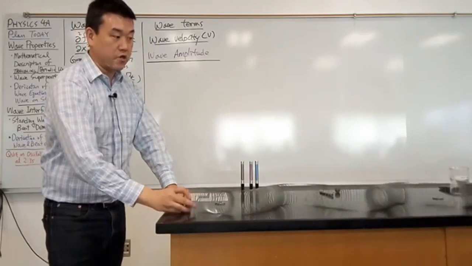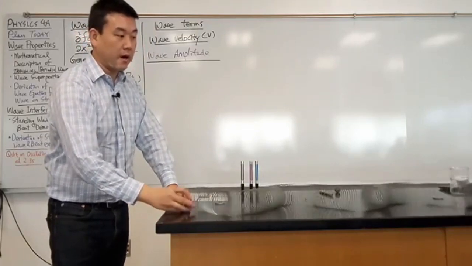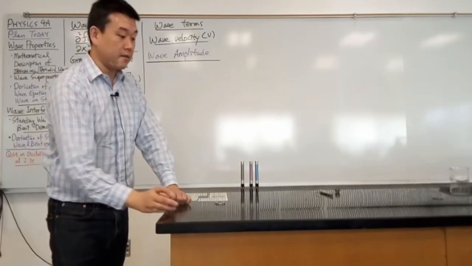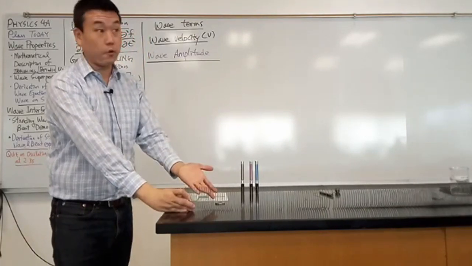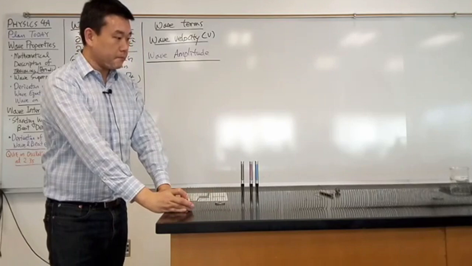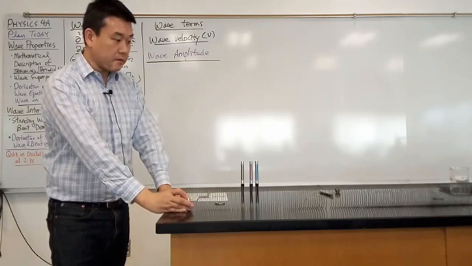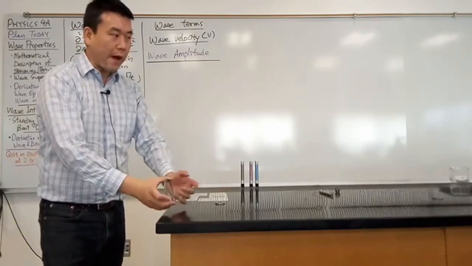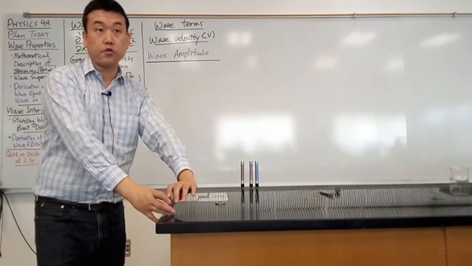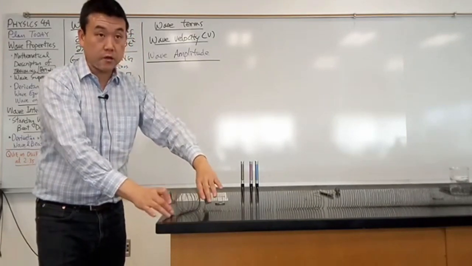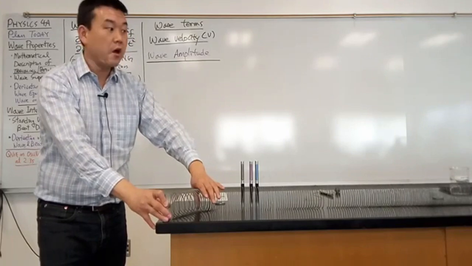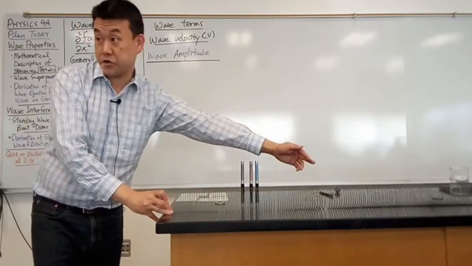So this is one version of that regular kind of oscillation, and this is another version of that oscillation I can give that results in a wave. The way you distinguish between the two is essentially the direction of displacement relative to the direction of wave propagation.